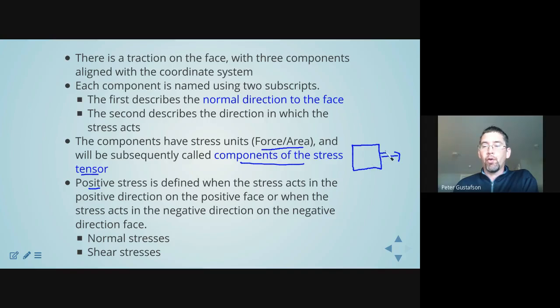So here's our positive normal. If we had chosen to make a cut where we had a normal that was facing in the negative direction, if the component of force was in the negative direction, we still cancel the negatives and call it positive. So either of these would be called, by convention, a positive stress.